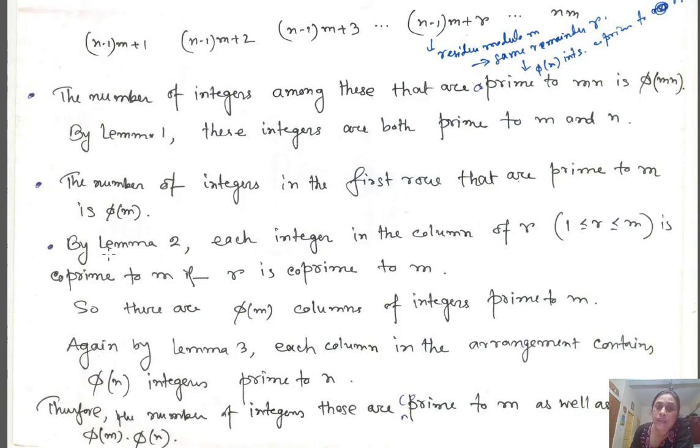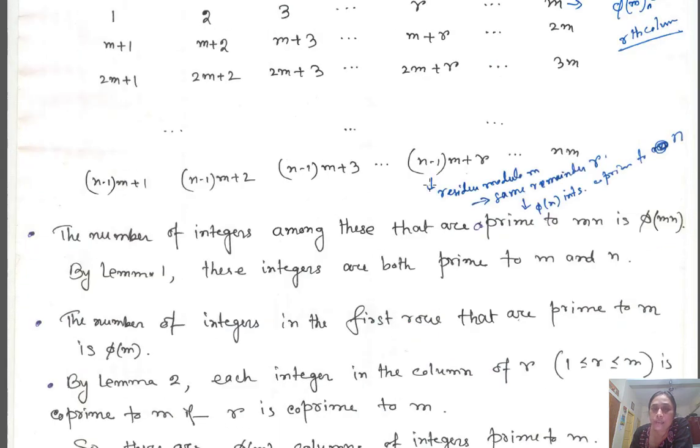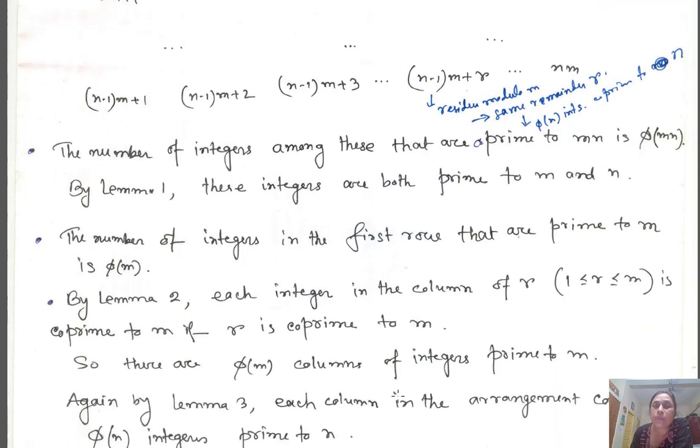And if you apply lemma 2, each integer in the column r lies between 1 to m, is co-prime to m if r is co-prime to m. Each integer in the column r is co-prime to m if r is co-prime to m.